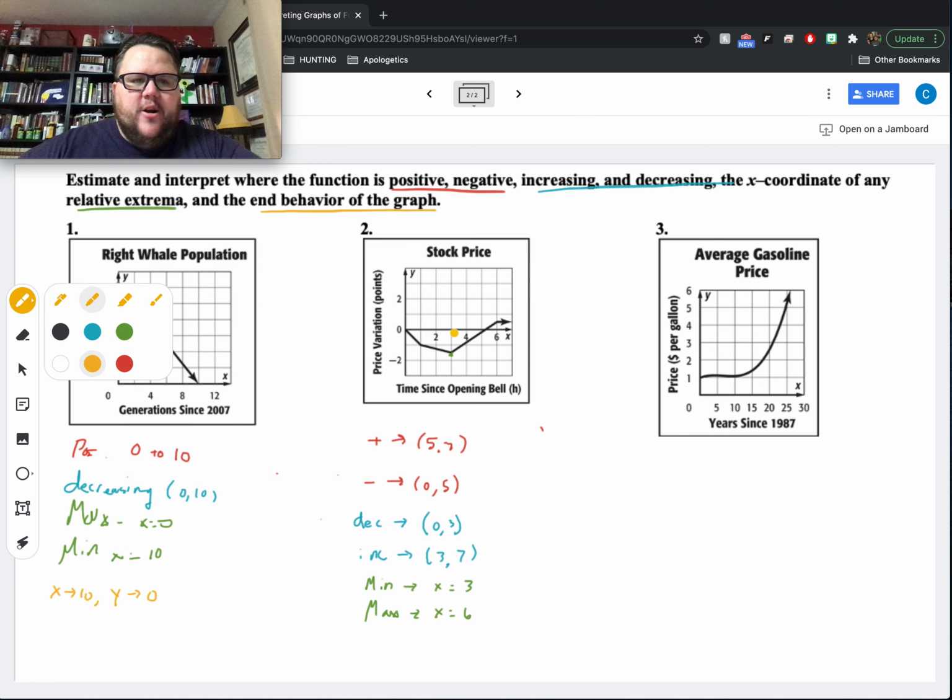And lastly, our end behavior: as x approaches 7, y approaches about 0.5, about 1/2. So we'll put 0.5.